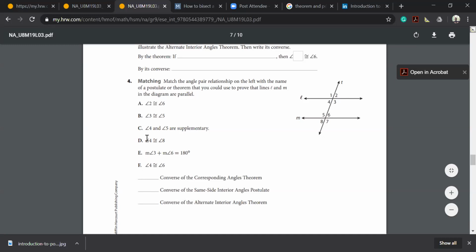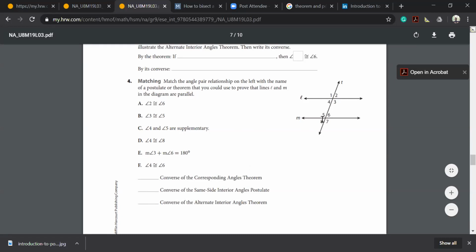What about C? 4 and 5 are supplementary. Are they corresponding? No. Are they alternate interior? No. They are same side interior. So C is going to be here. Till now, A, B, and C. Let's check D. D is 4 and 8.